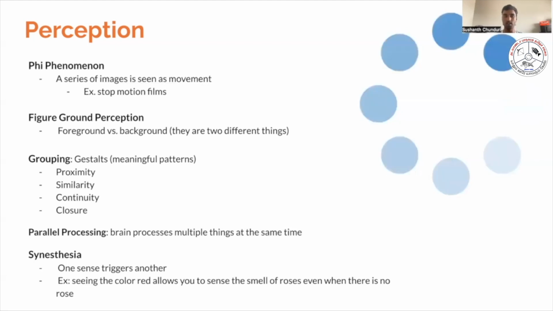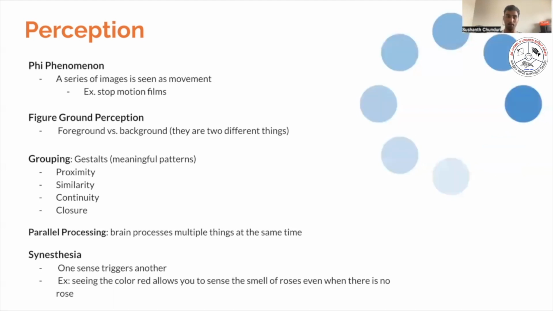As humans, we want to group things that are close together. Things that are similar, we want to group together. Things that are continuous: if we see a line moving together, then we want to say that's one continuous line. Let's say there are dots moving together. We want to say that there's continuity there. So there's that. And then lastly, we have 2 more things.